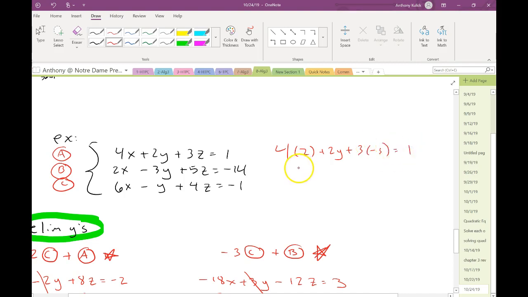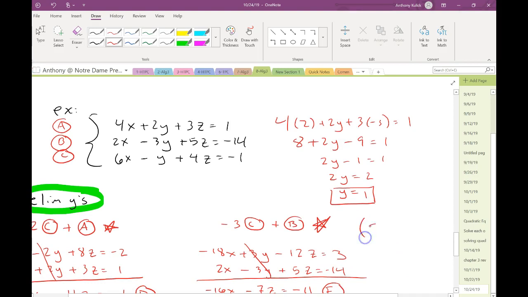And I'm now going to solve for y. So when I add 1 to both sides, I get 2y is equal to 2. And when I divide both sides by 2, I get 1. So my final answer then is 2, 1, -3.